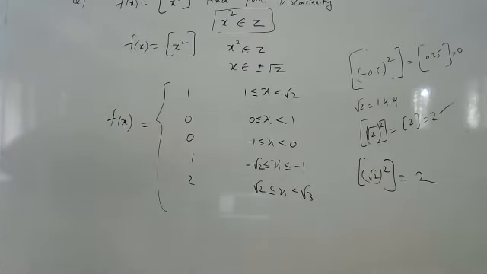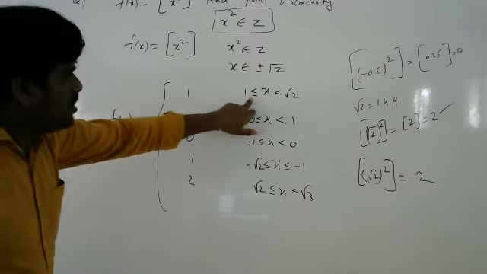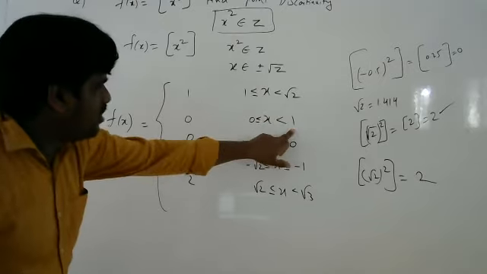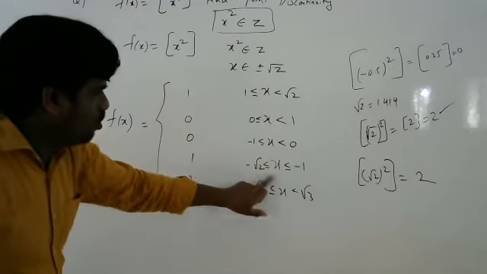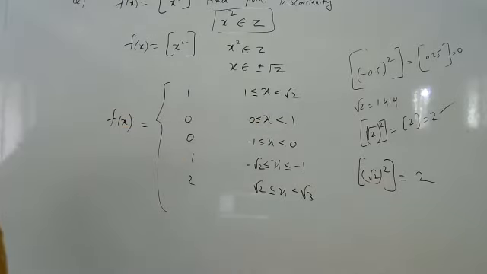So here, where are you going to get points of discontinuity? 1, root 2, 0, minus 1, root 3. These are the places where you get discontinuity. Tell me now, what are the points of discontinuity here? You have to observe that.